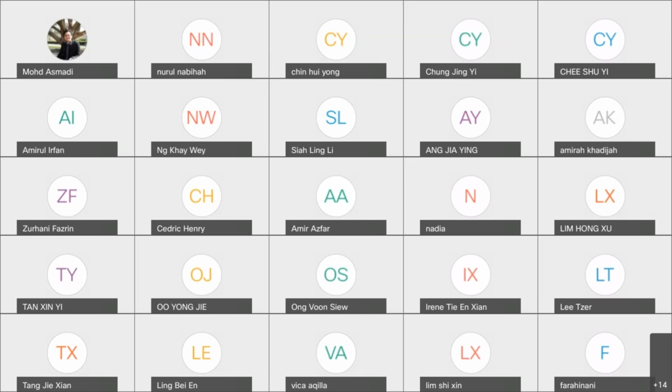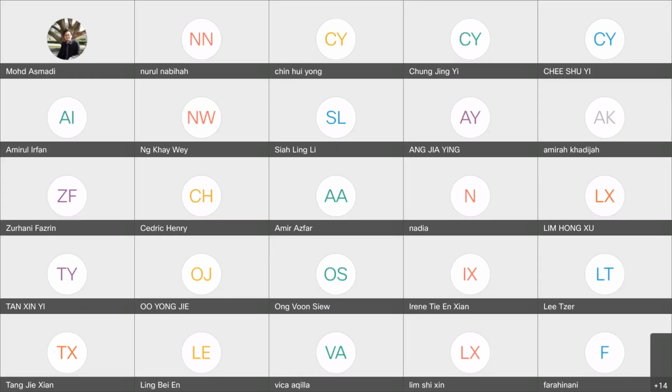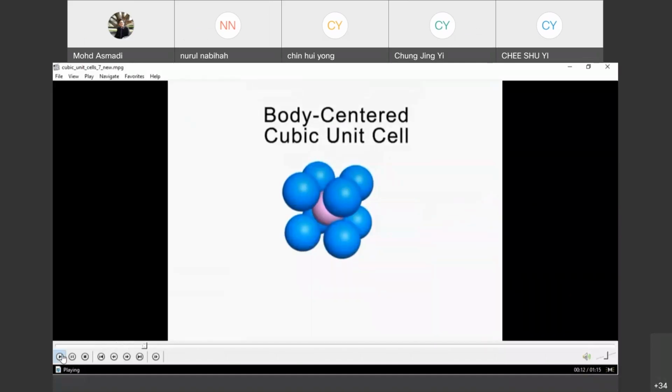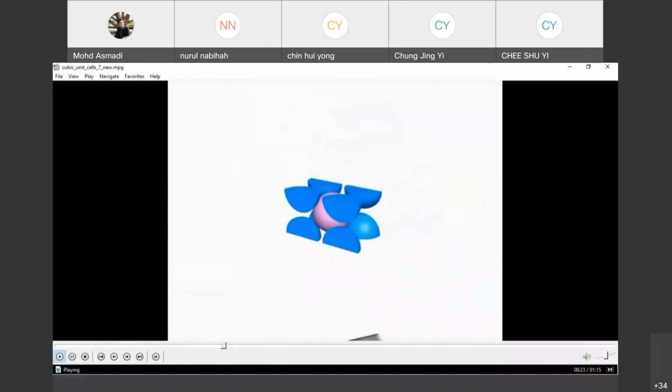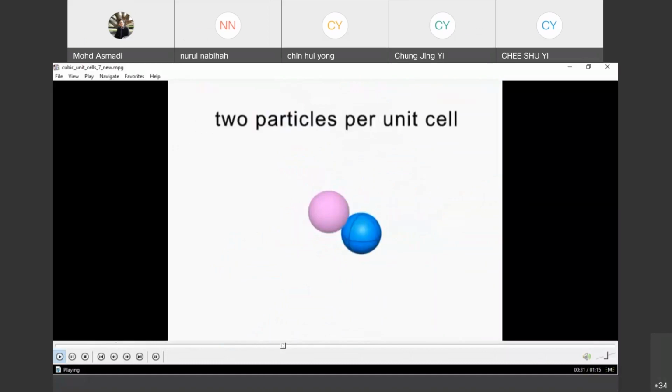Okay, let's see this one, BCC. I hope that you can see this video. That's one, 2 particles per unit cell.